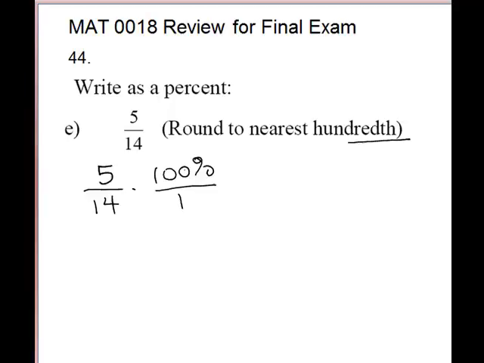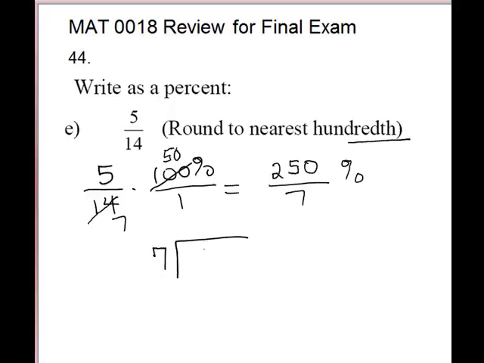We could divide by 2. These are both even, so 2 into 14 will go 7. 2 into 100 will go 50. So we have 5 times 50 will be 250. And 7 times 1 is 7. This is in percent. But they want us to divide it out. So 7 into 250.